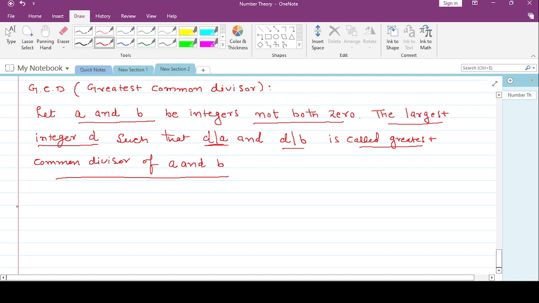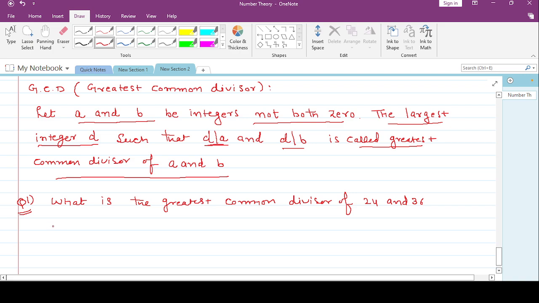For example, the question is: what is the greatest common divisor of 24 and 36?